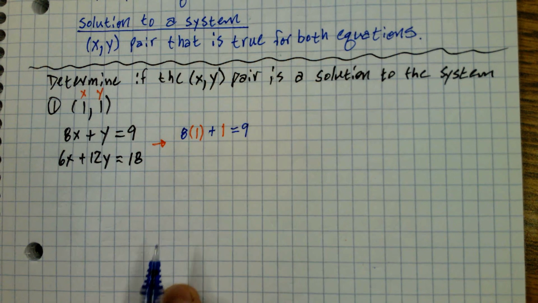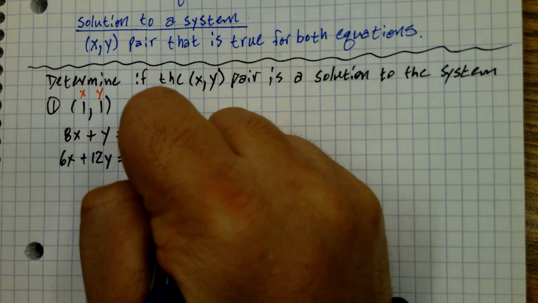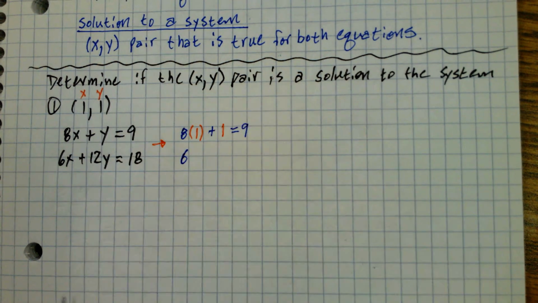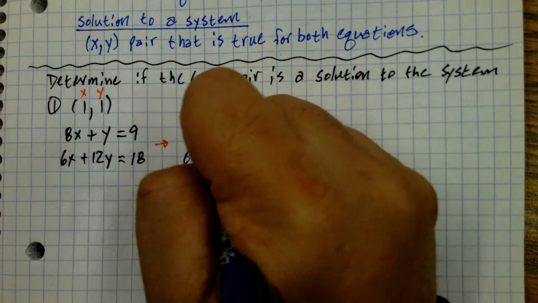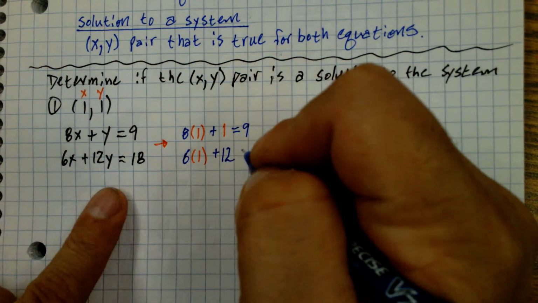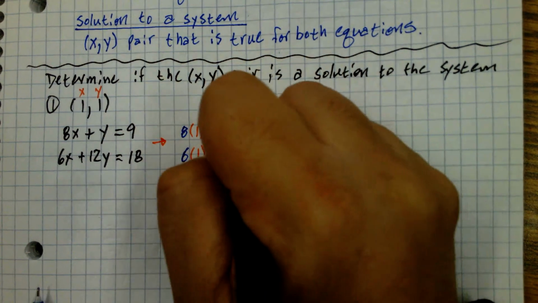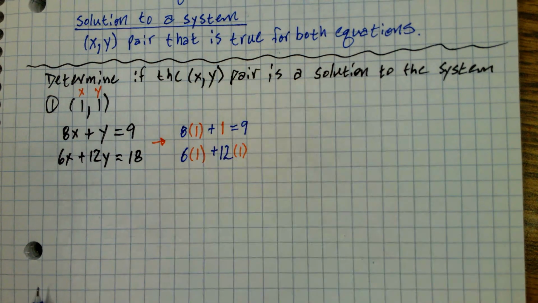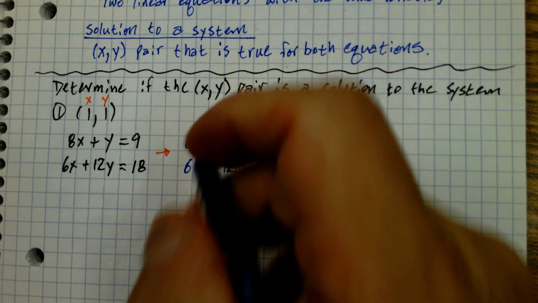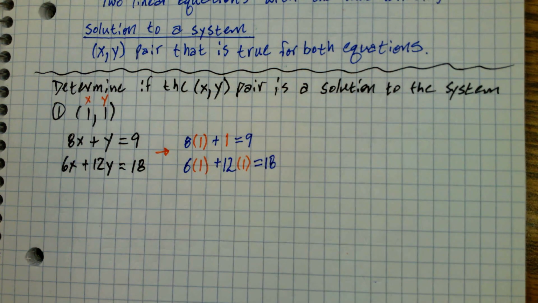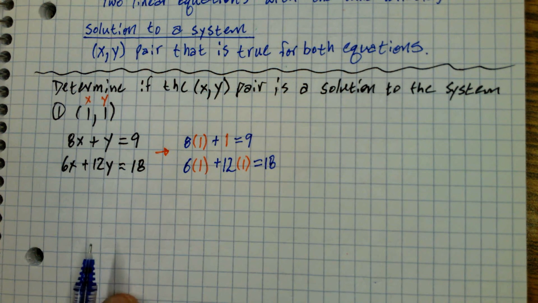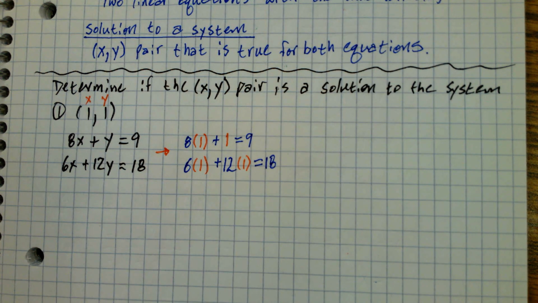Then we're going to just do the same thing for the second one. 6x, so we're going to do 6 times 1 plus 12y, so we're going to change that to 12 times 1. And we're going to see if that equals 18. Now what we're going to want for this to be a solution, both of these have to come up true.